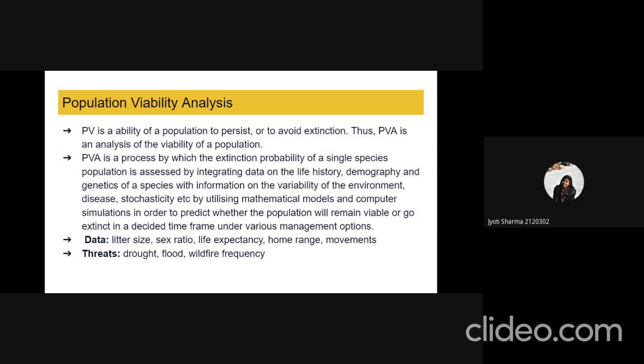Based on those threats and the data of the individuals themselves, we can estimate in what year the species will go extinct, or by which year it will survive, and what our conservation policy and conservation management should be. Okay, so this is the population viability analysis.